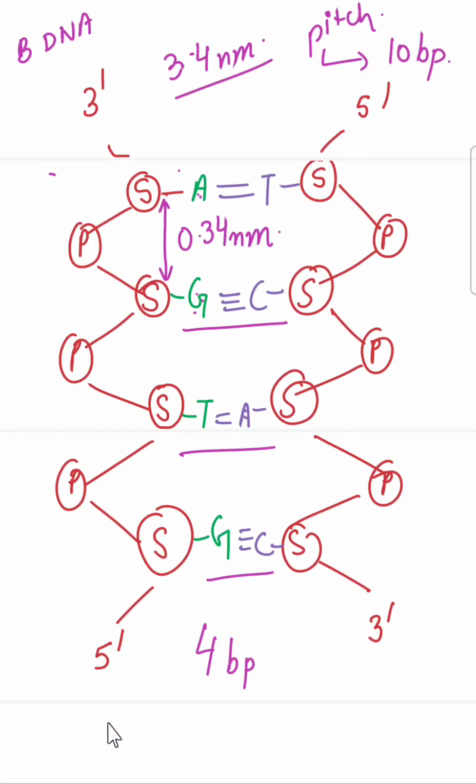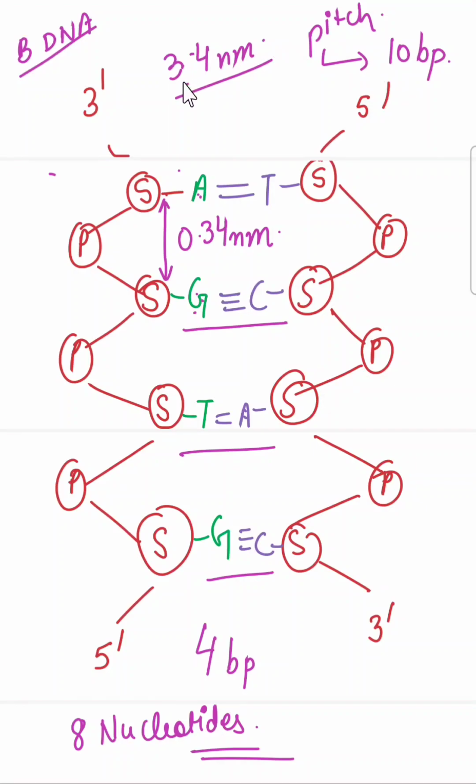So 4 base pairs means how many nucleotides? There is a difference. Nucleotides are single units, but base pairs means nucleotides in pairing form. So how many nucleotides? 8 nucleotides are there. Okay, so this is the basic structure of the DNA. B-DNA is what we have in our body, that is the human DNA mainly.